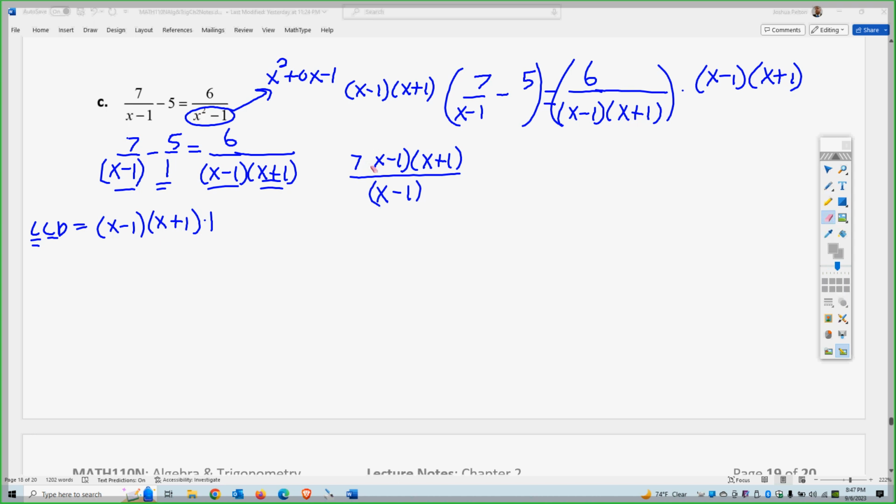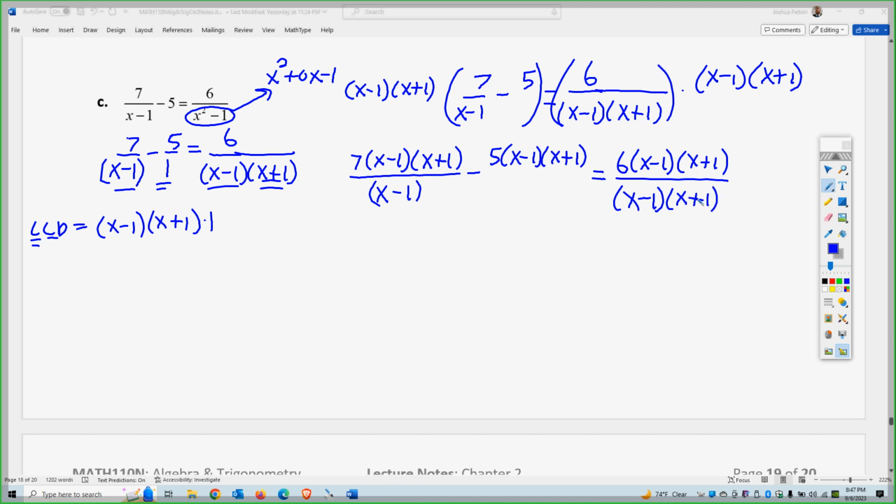Fix that parenthesis there. Minus 5 times x minus 1 times x plus 1 equals 6 times x minus 1 times x plus 1 over x minus 1. Come on, it died on me. There we go, x minus 1 times x plus 1.